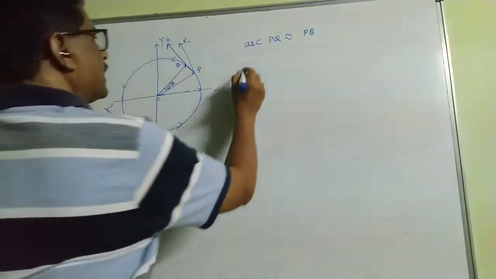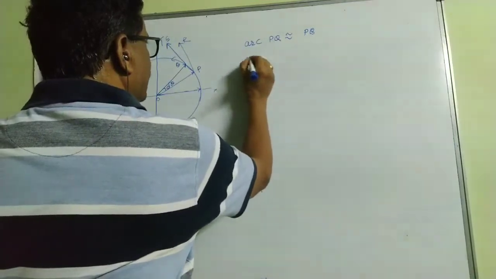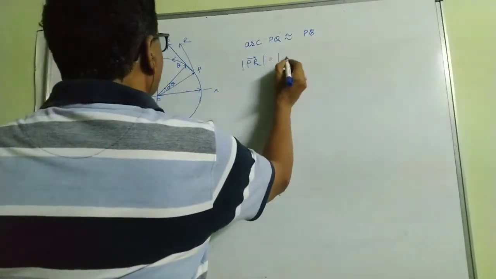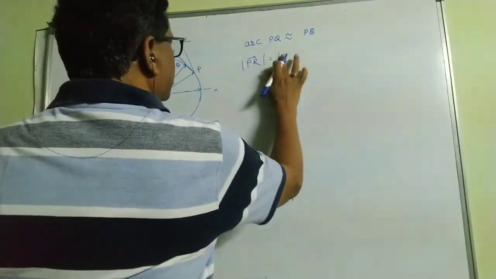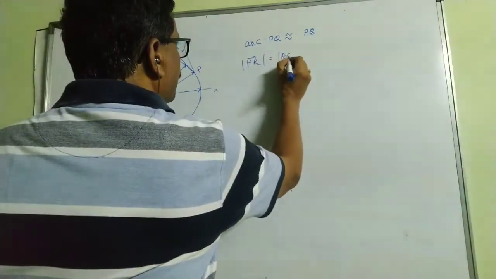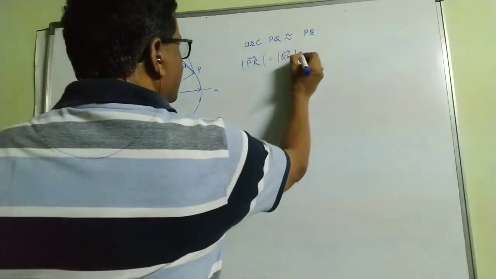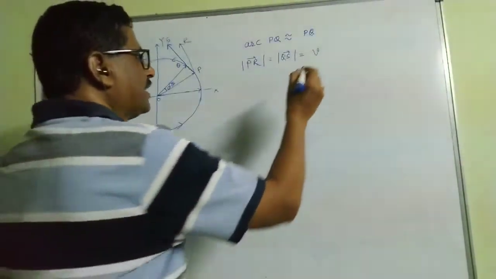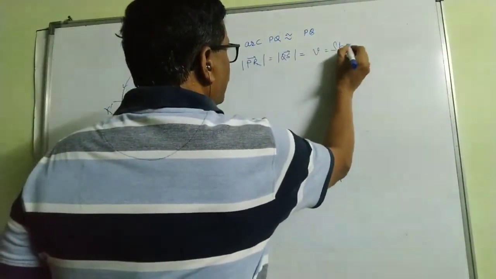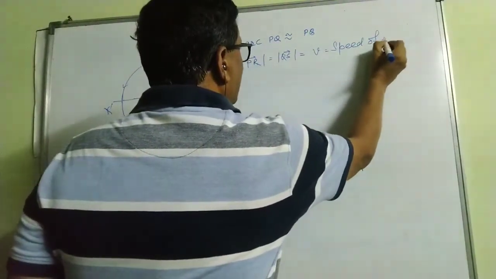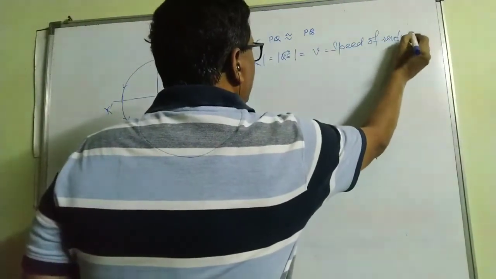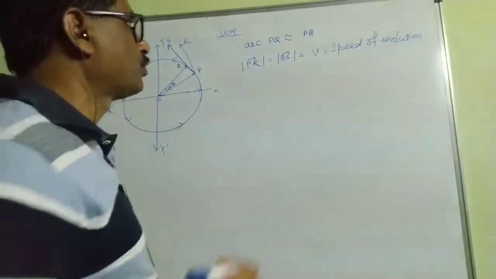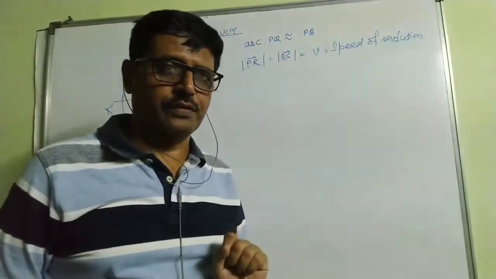The magnitude of linear velocity represented by PR at point P is equal to the magnitude of linear velocity at point Q, represented by vector QS, and is equal to V. The magnitude of linear velocity is the speed of revolution, and the speed of revolution for uniform circular motion is constant.